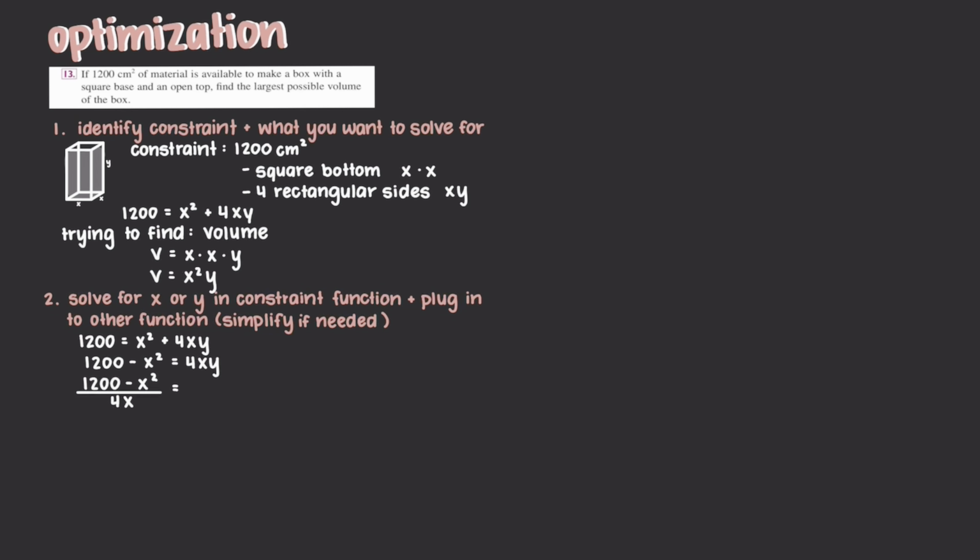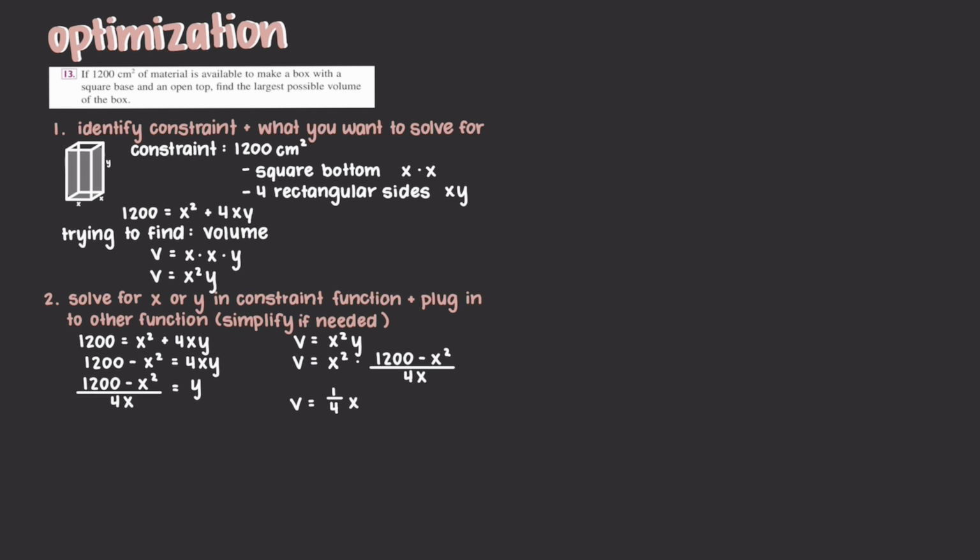Now that we've solved for one variable, see how the two letters are on completely different sides? There's no x's on this side, there's no y's on this side. Now we can plug this y into the other function, which is the volume function, x squared times y.